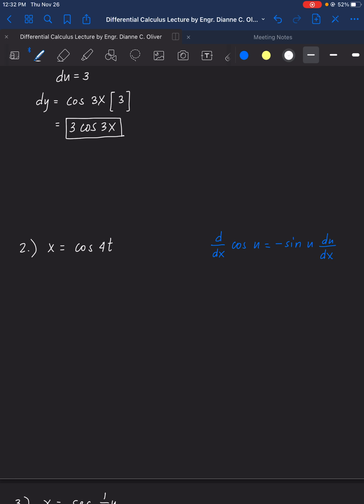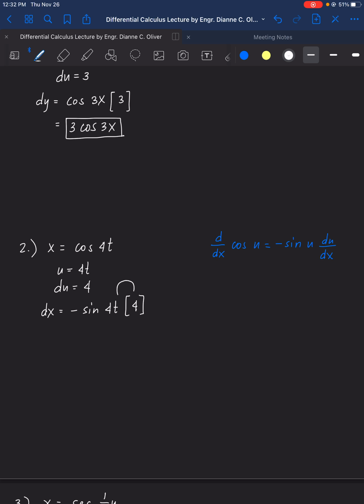So again, the angle for this u here is 4t. So derivative of u is equal to 4. Therefore, for the derivative of cosine u, the answer is negative sine u, or that is negative sine 4t, then the derivative of u.